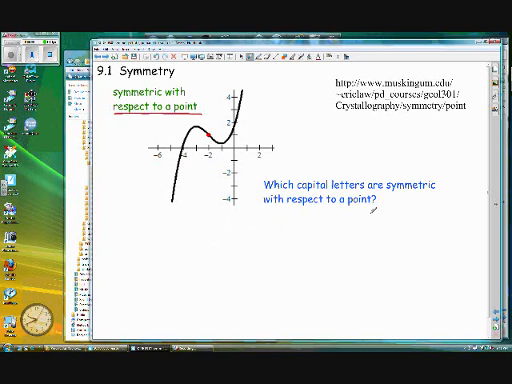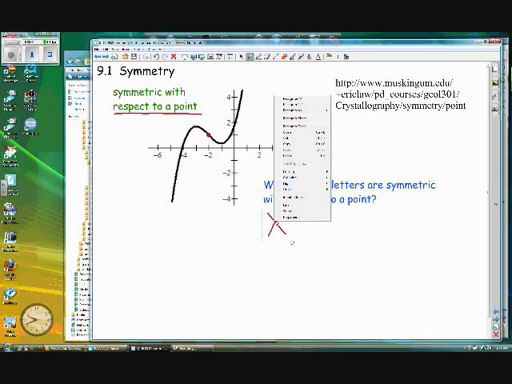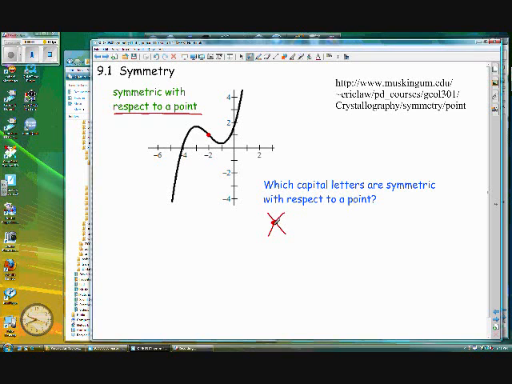Do we have any capital letters which are symmetric with respect to a point? Well, the first one I think of is this one here. But there are others, and this one kind of suggests one of our letters, doesn't it?